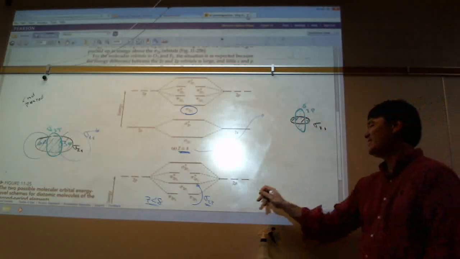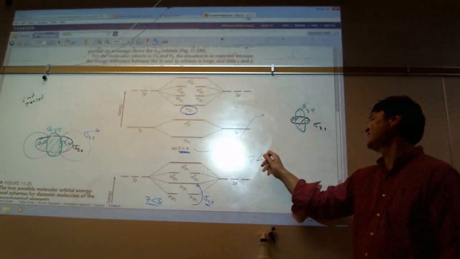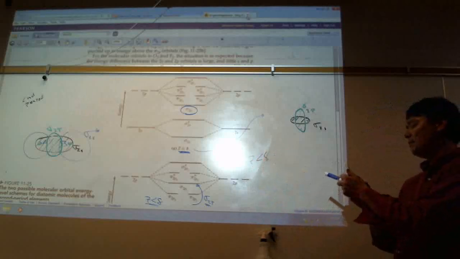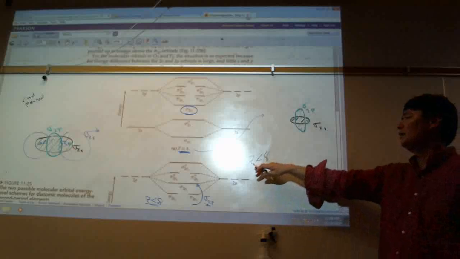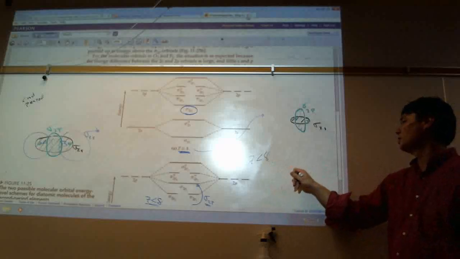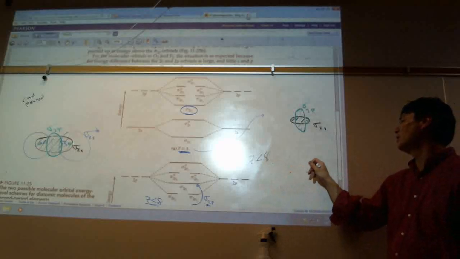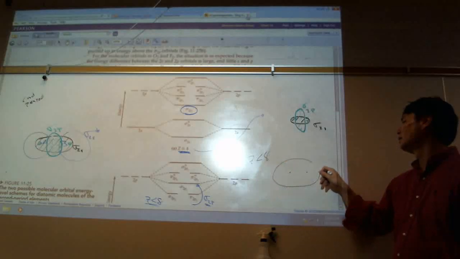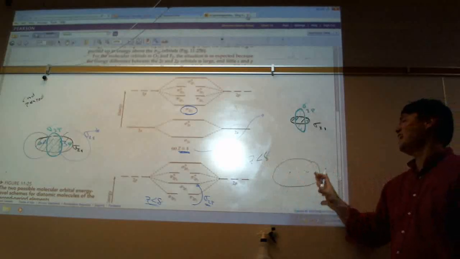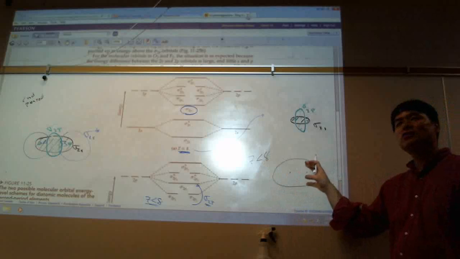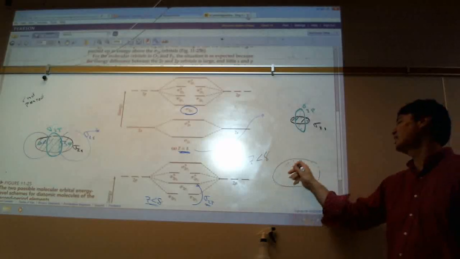However, when Z is less than 8, then we have less nuclear charge, and so it doesn't pull in the orbitals as tightly. And so when Z is less than 8, there's less of an attraction for the electrons, and so the orbital doesn't contract as much.